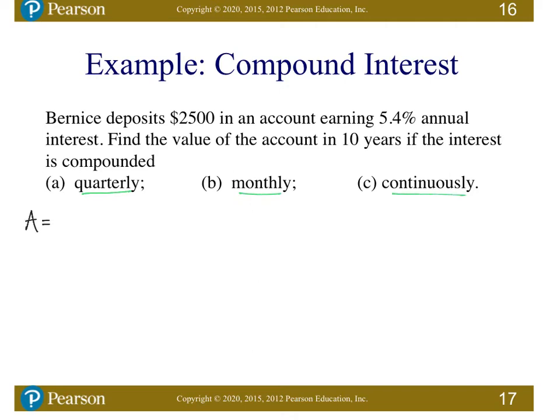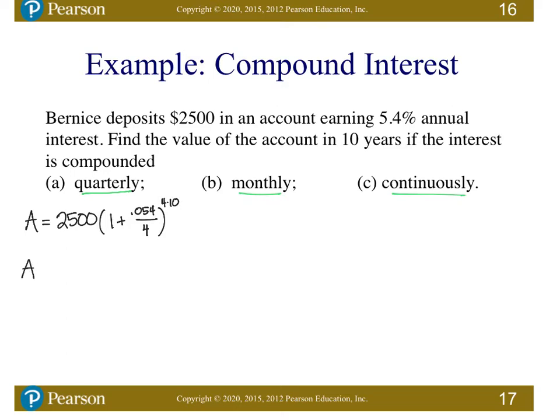Using the same equation, we're looking at $2,500 being the investment, 1 plus 5.4%, which is 0.054. Now we want to compound quarterly, which means 4 times a year, so I also have 4 up here, and I'm looking for a time span of 10 years. That's my equation.